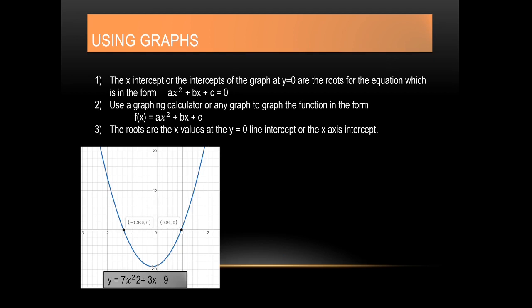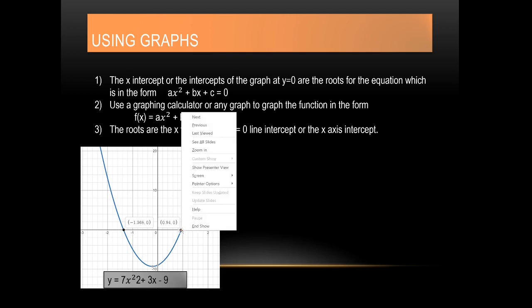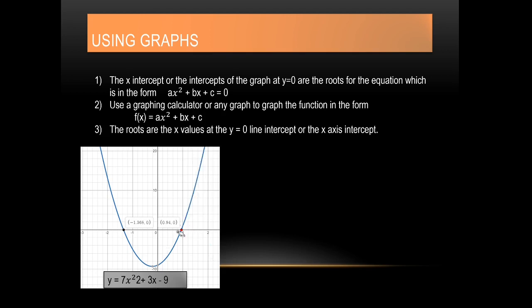So you can use graphs to find out the roots of the equation. So here is 7x square plus 3x minus 9. This is the graph of y is equal to 7x square plus 3x minus 9.